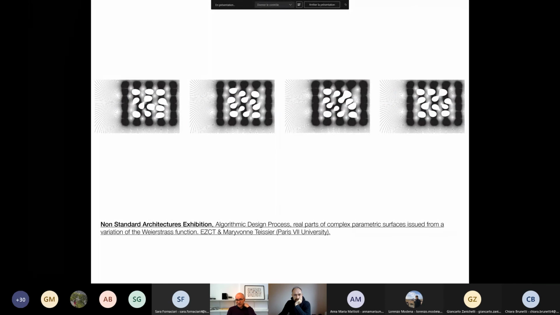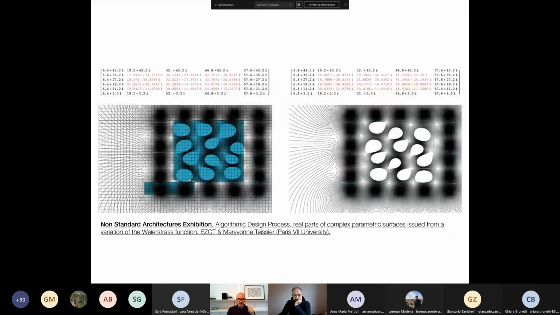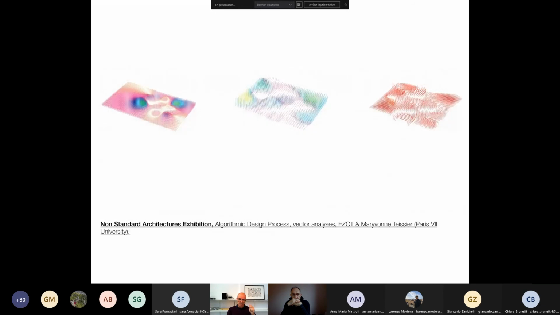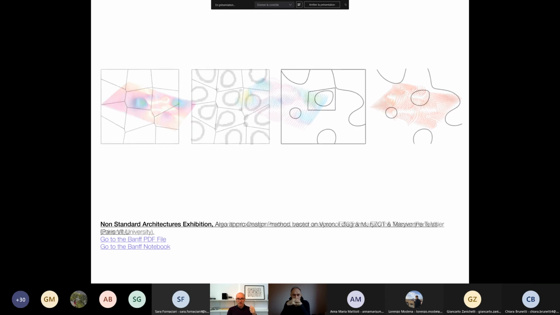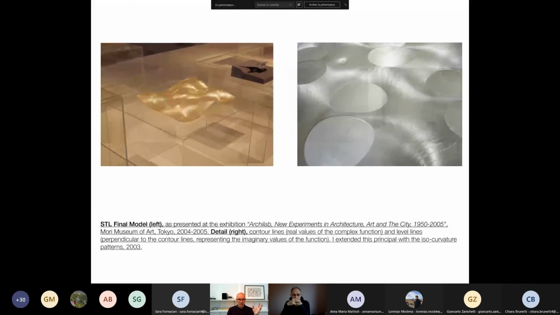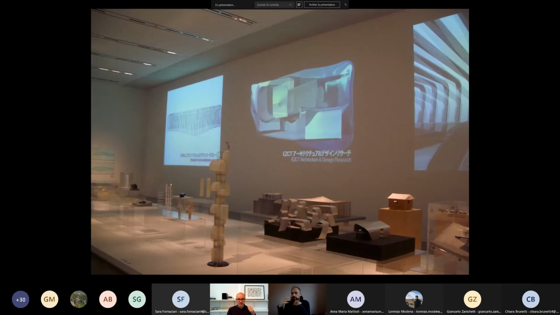These patterns were visually interesting in themselves, but the resulting pattern was also interesting in terms of surface, because it was a pattern extracted from a three-dimensional surface, and it had some very interesting properties. So I browsed quickly through that.